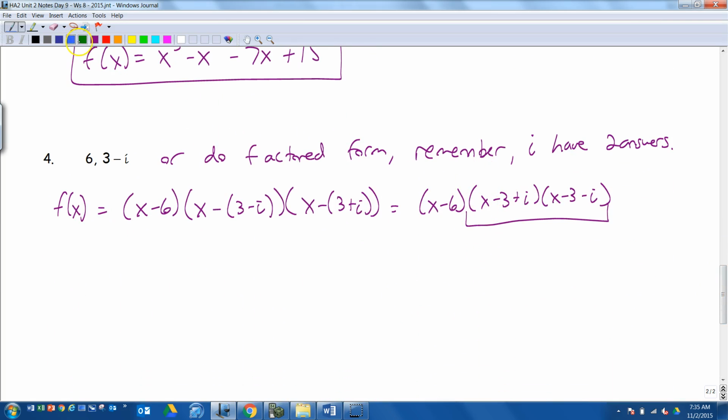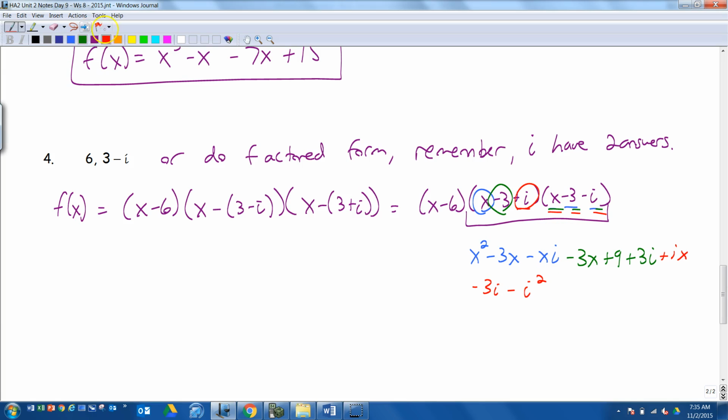So if I multiply this factored form out, I get x squared minus 3x minus xi for this to all three. Then I'm going to do this one, negative 3 to all three. So negative 3x plus 9 plus 3i. And then I'm going to do this back one to all three. Plus ix minus 3i and minus i squared.